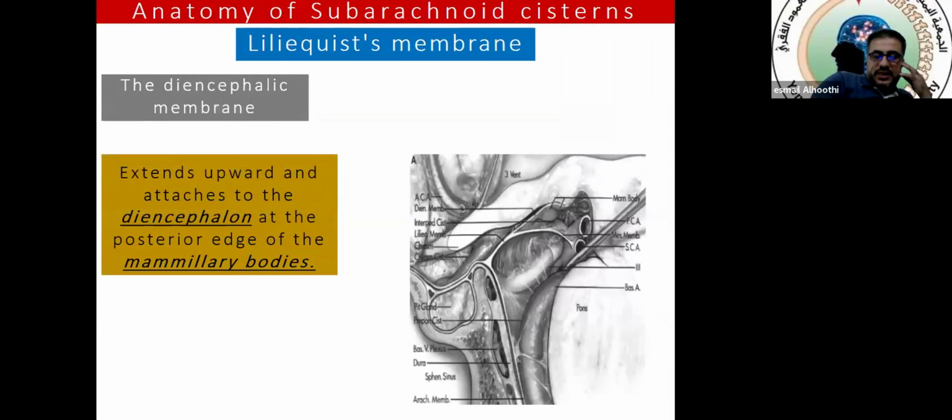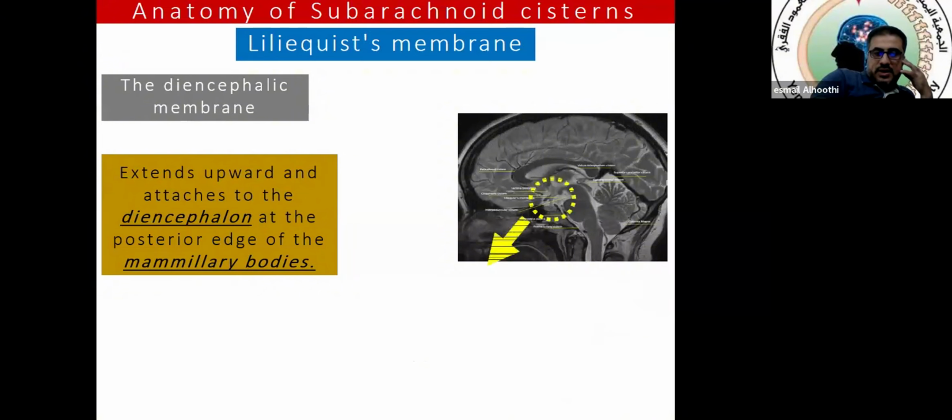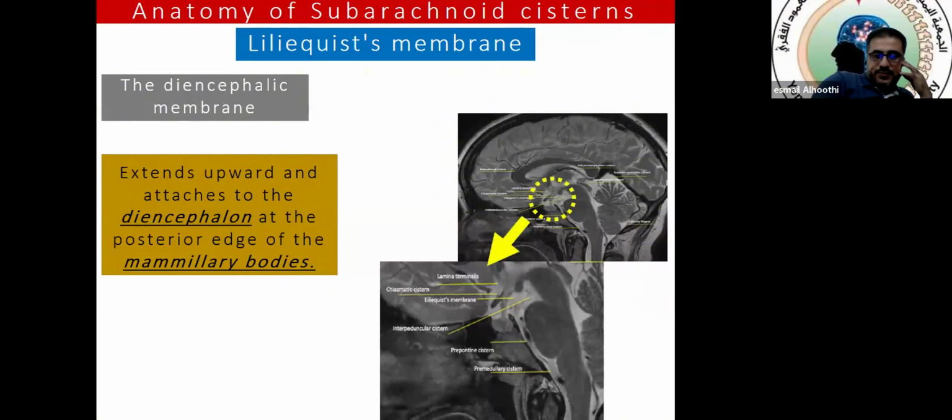The diencephalic membrane extends from the dorsum sellae and goes upward and posteriorly to attach to the dorsal part of the mammillary body. As we see in this MRI, it extends from the dorsal part and goes posteriorly to attach to this part of the mammillary body.